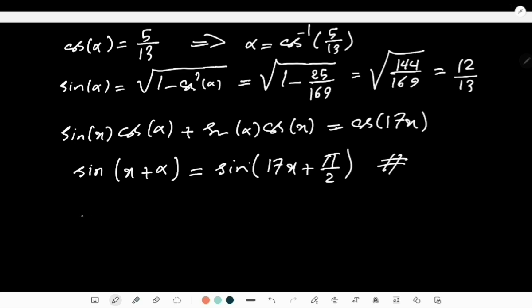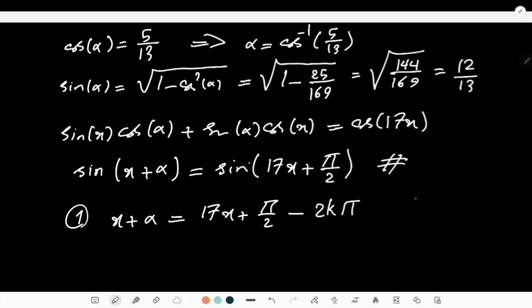answers are basically 1, x plus alpha is equal to 17x plus pi over 2 plus or minus, I think I'm going to take minus because I will tell you why, 2k pi, but it just doesn't really matter, minus 2k pi or 2k pi, because minus can be taken into k.